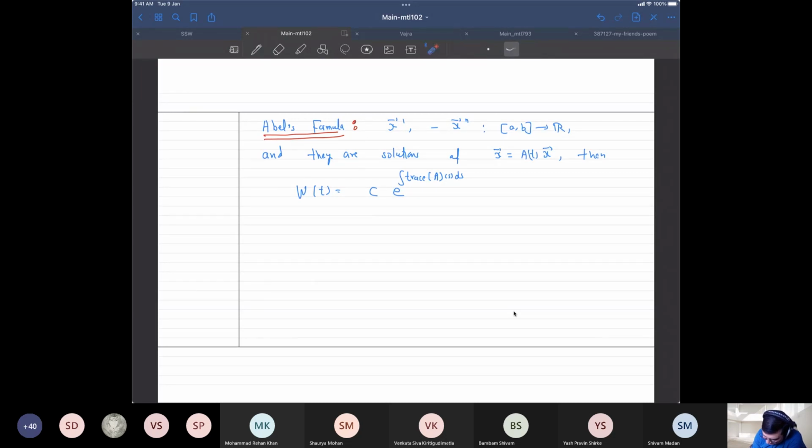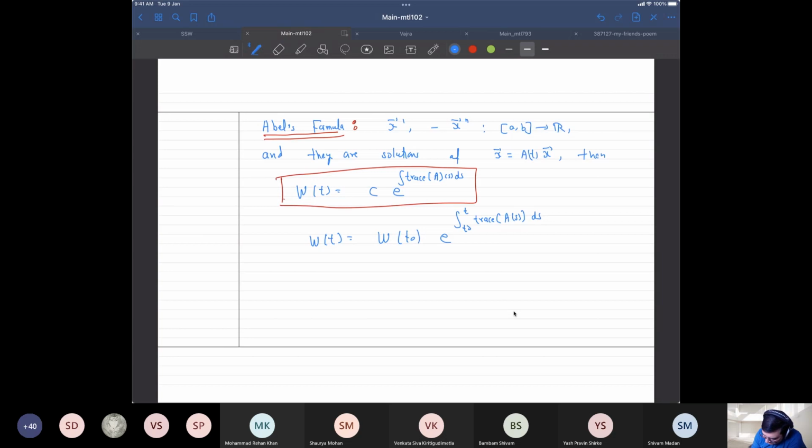Okay. So this will be the formula. Now, if you know the value of the Wronskian at a point, then this formula will be automatically modified. It will be W(t) is equal to W(t naught) exponential integral t naught to t trace of A(s) ds.